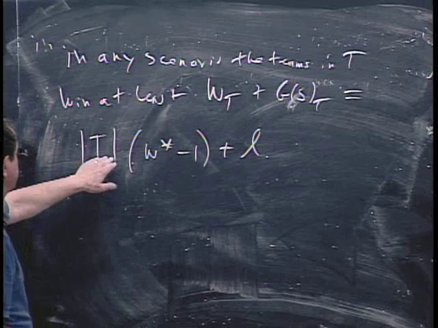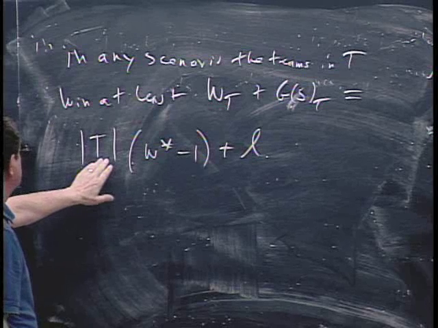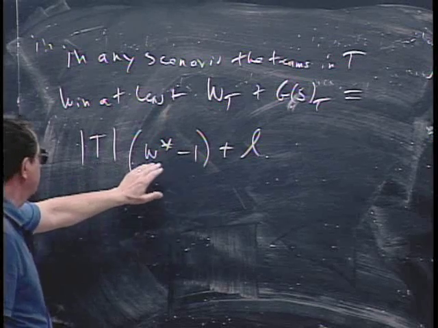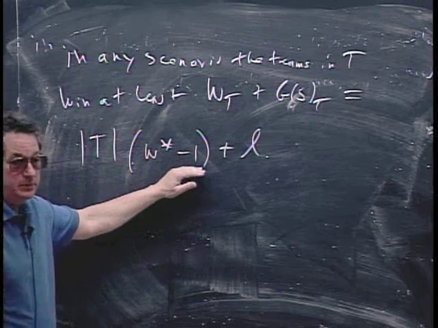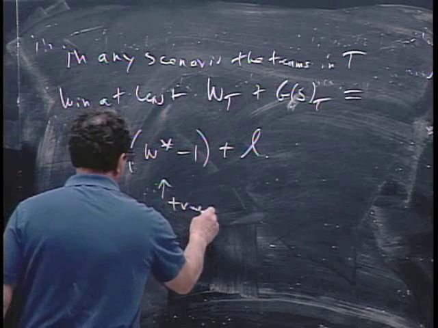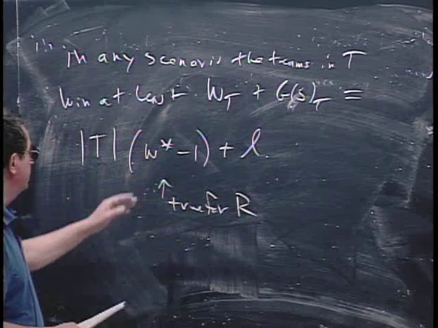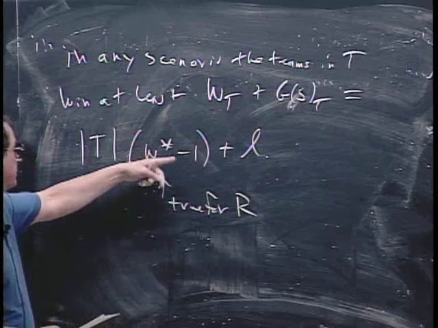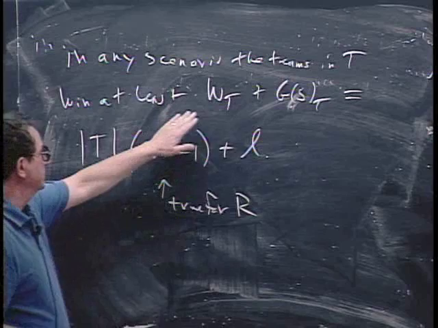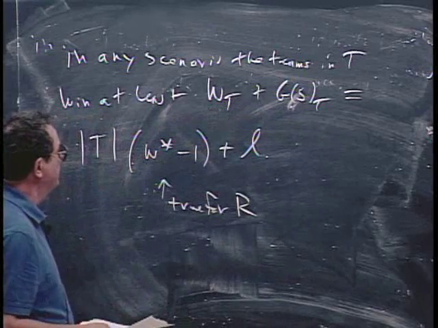Where does this come from? This is saying that every team in T wins at least W star minus 1 games. Well, we argued that that was true for the teams in R. They win a total of W star minus 1 under scenario S. That's the scenario where the algorithm finishes.